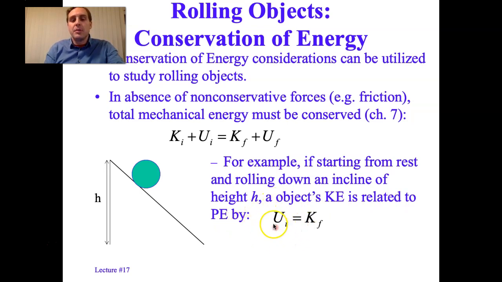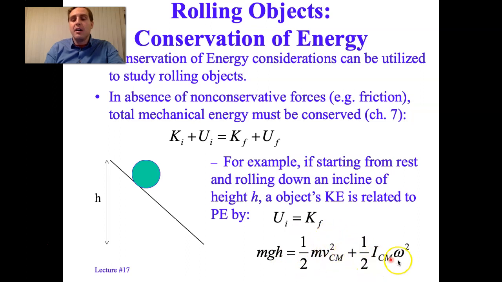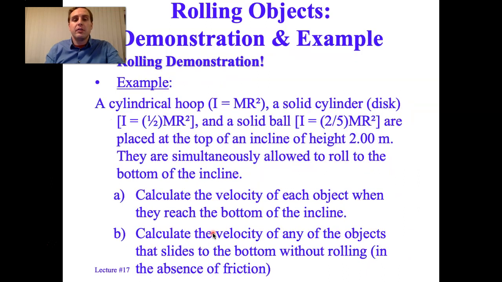Its initial potential energy is equal to its final kinetic energy. In its more full-blown form, that's mgh initial equals 1/2 m v of the center of mass squared plus 1/2 I of the center of mass omega squared. This is very powerful because it can solve many problems of objects rolling down hills.